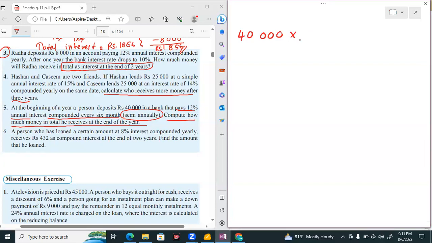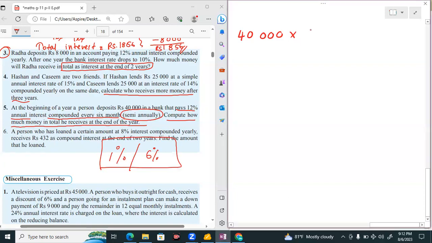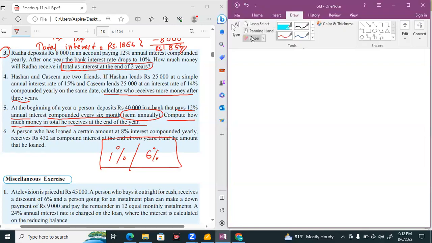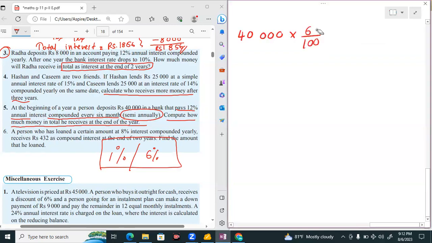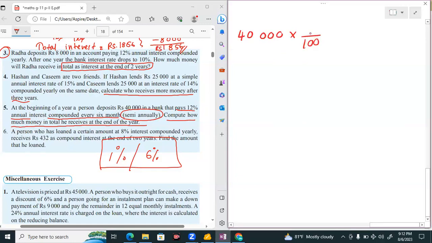For semi annual, is it 1% or 6%? Tell me. 6%. Yes, it is 6%. Now we have to find the total amount that should be paid at the end of the first 6 months.